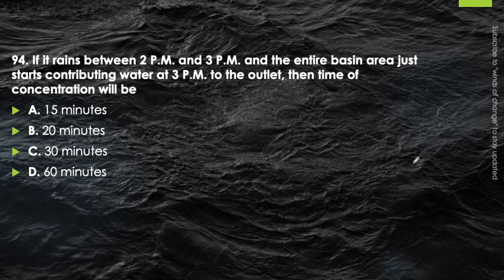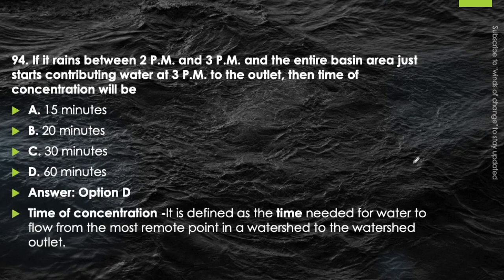Now, if it rains between 2 p.m. and 3 p.m. and the entire basin area just starts contributing water at 3 p.m., then the time of concentration will be 60 minutes, that is 1 hour, from 2 p.m. to 3 p.m. Because what is time of concentration? Time of concentration is the time needed for water to flow from the most remote point in a watershed to the watershed outlet.